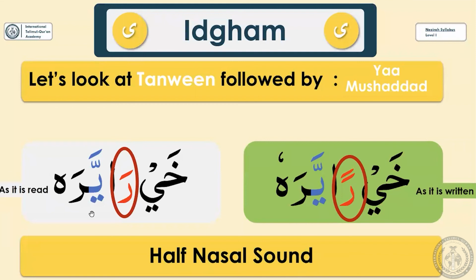And we will make a half nasal sound as we join the ra to the ya. Khayran yarah. This is raya. One of the strokes of fathatain is removed. The ya remains as it is, and we make a half nasal sound as we join.